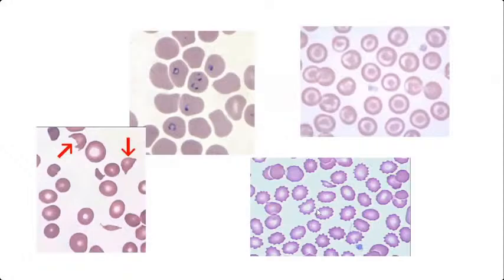Excellent. And down here, the bottom right, what cells are those? The echinocytes. These are crenated cells. Crenated cells and the echinocytes look very similar, and you can see these in which kind of conditions?